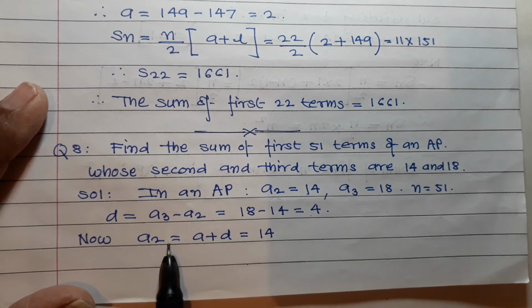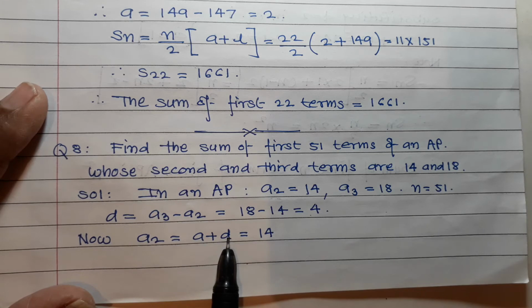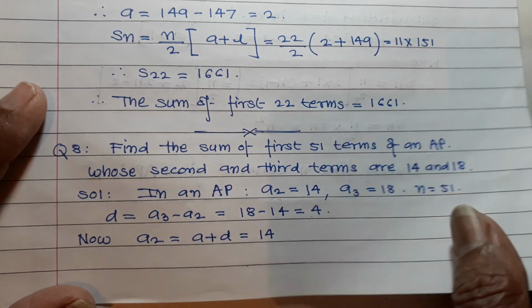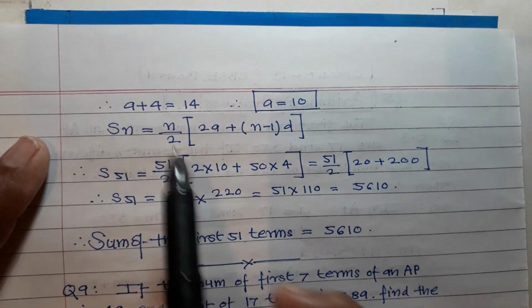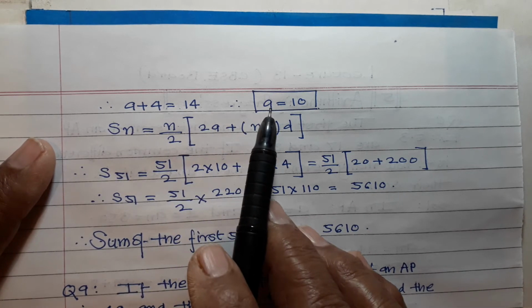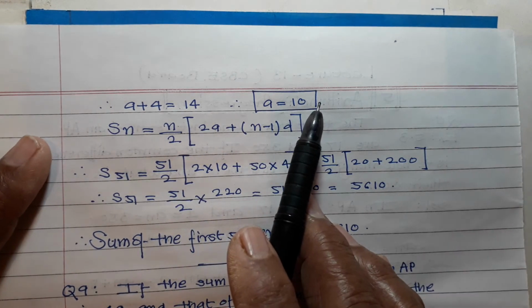Now you know a_2 is equal to a plus d is equal to 14, given, and therefore a plus 4 is equal to 14, and therefore a is equal to 10.